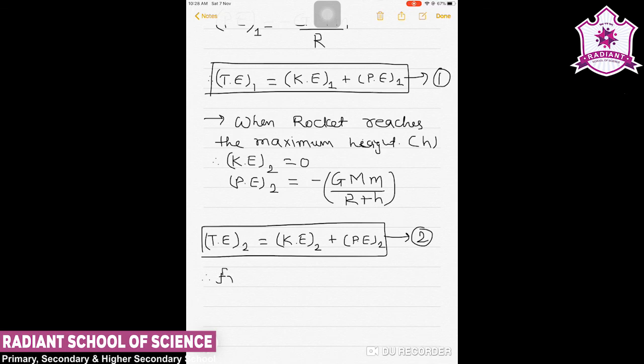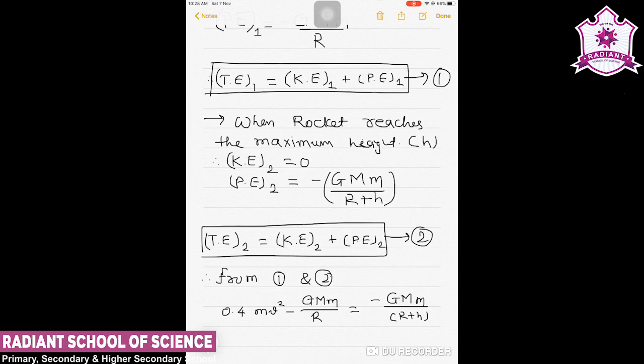From 1 and 2 we can write that 0.4 mv square minus GMm over R is equal to minus GMm over R plus h.